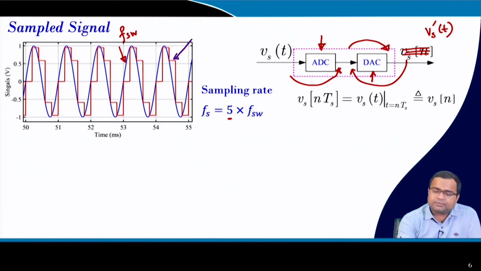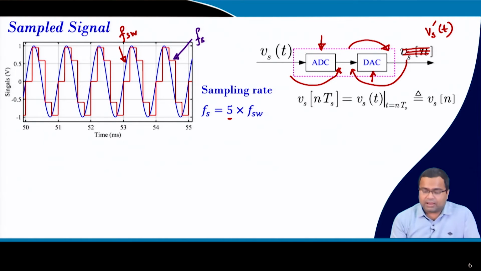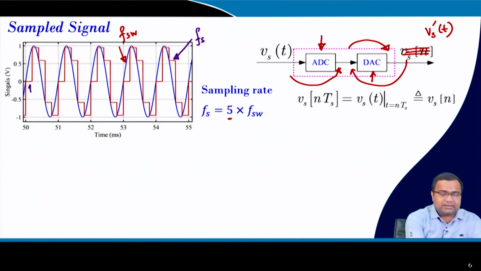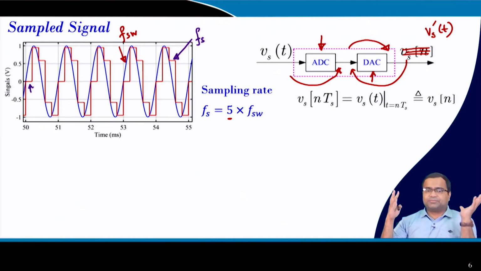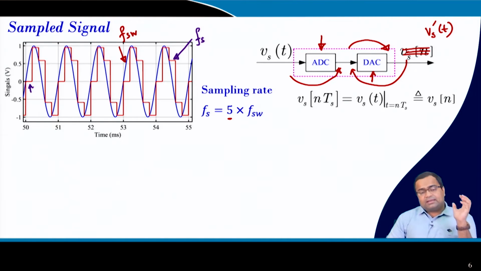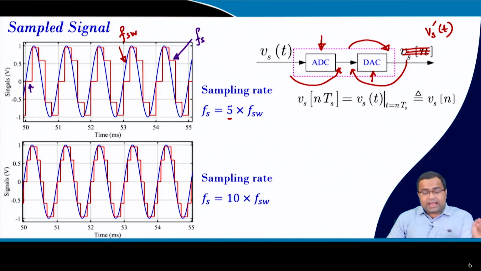This is my sampled signal after sampling, and the sampling rate here is 5 times. You will see there will be a zero order hold effect, so the sampled signal will not look exactly like a sine wave. There will be distortion in the waveform, and if we take an even higher sampling rate, then you will get a somewhat closer approximation of the actual signal.